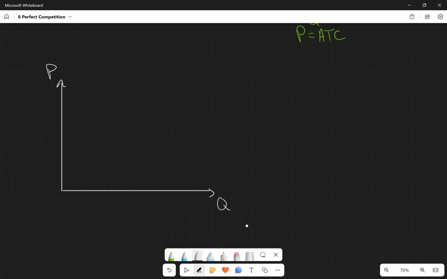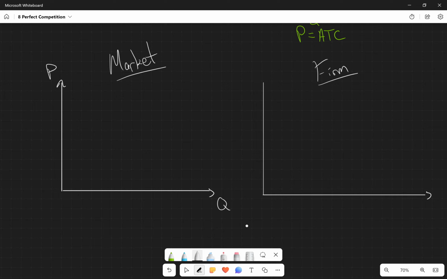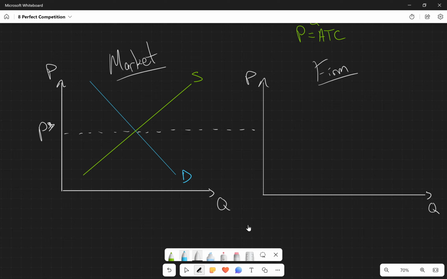So this is our market, and this is our firm. So in our market, we have a downward sloping demand. We've got an upward sloping supply. Got an equilibrium price, excuse me, that we know reflects onto this curve, which we'll do in a second.